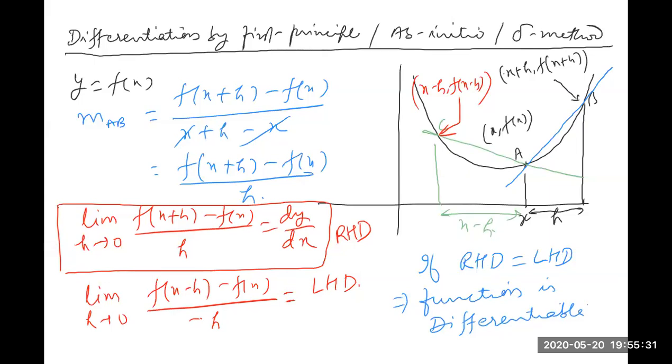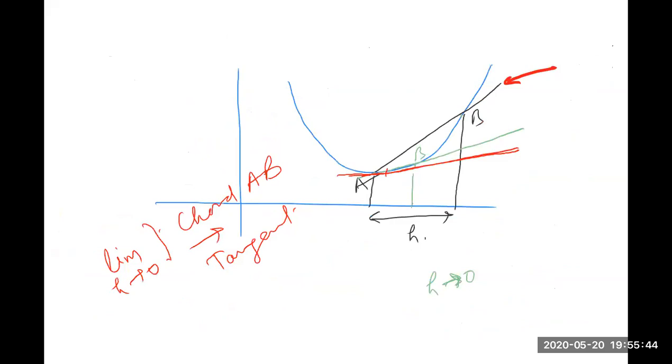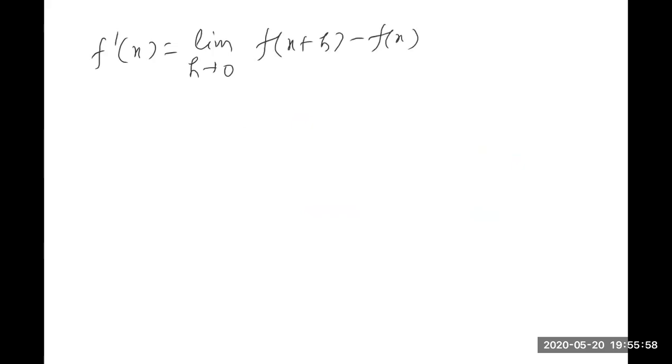Only what you have to study now is this formula, which you have to remember. As both derivatives will be equal, this will become the derivative. So your formula is: f'(x) = limit h tends to 0, (f(x + h) - f(x)) upon h. This is the formula.